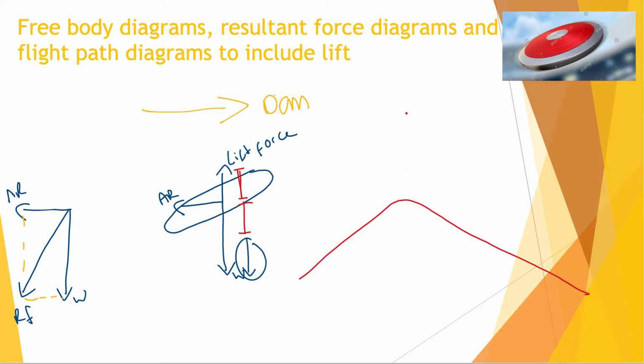Okay, so if we look at this from its maximum vertical distance, it's not symmetrical. We've obviously got a positive release height for a discus. It's not symmetrical, it's asymmetrical, and this line it's hanging in the air.